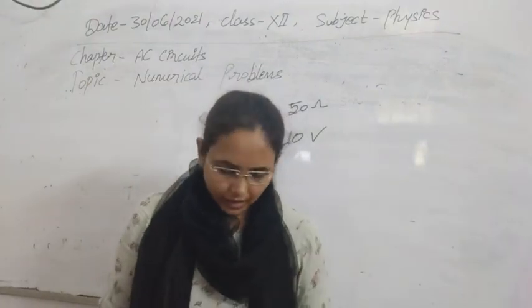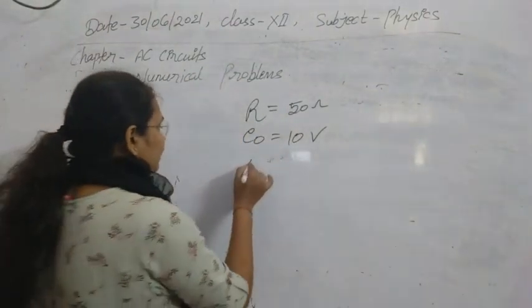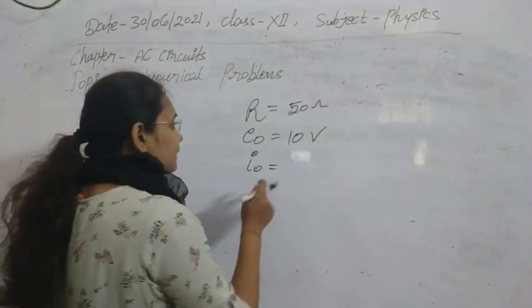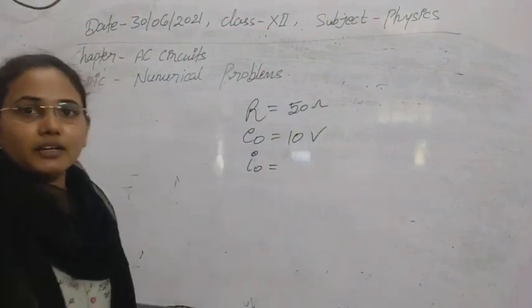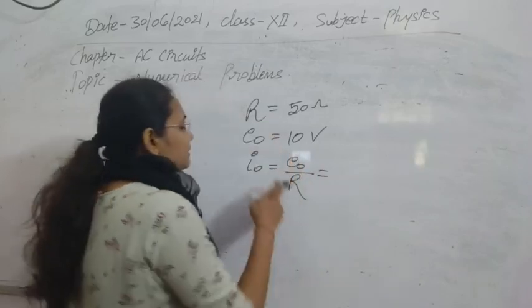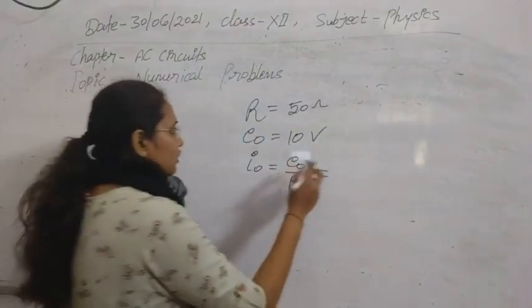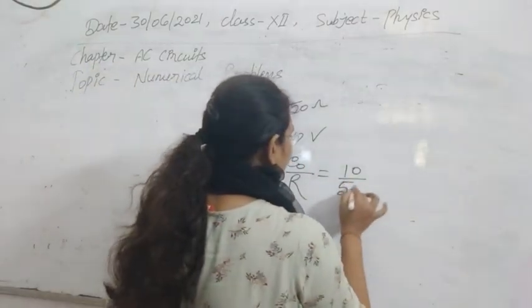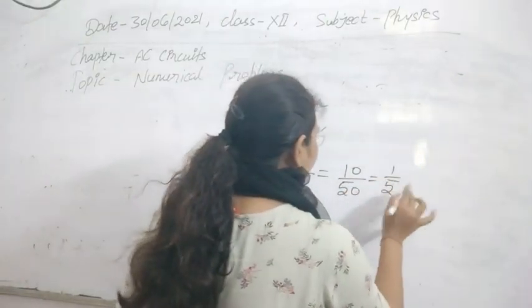First, as you know, the peak current is related to the peak value of the voltage by the formula I0 equals E0 upon R, as resistance R is present here. So let's use the formula. According to this, its value is 1 by 5.